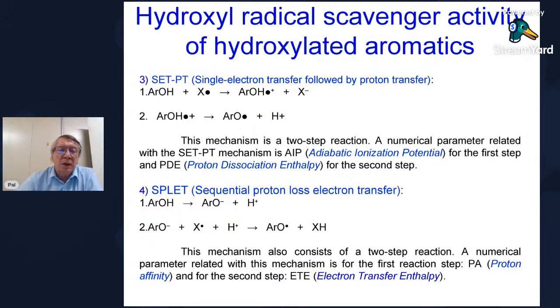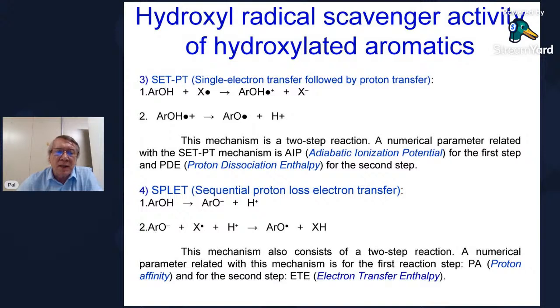The other two mechanisms, which could also occur in reactions of radicals and aromatic phenolic compounds, aromatic antioxidants, are the single electron transfer followed by proton transfer and the sequential proton loss electron transfer, whose complex mechanisms are represented here by two consecutive equations.